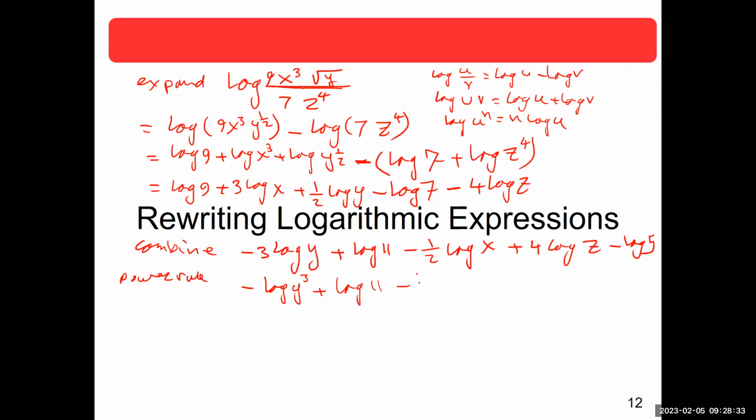Negative log of x to the power half plus log of z to the power 4 minus log of 5. So now we move all the numbers in front of the log to be a power.